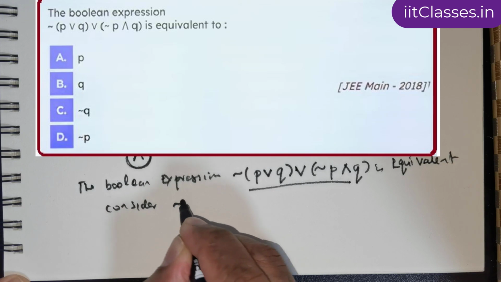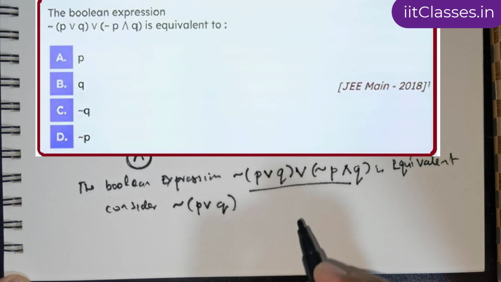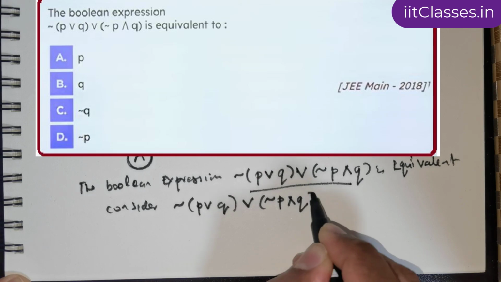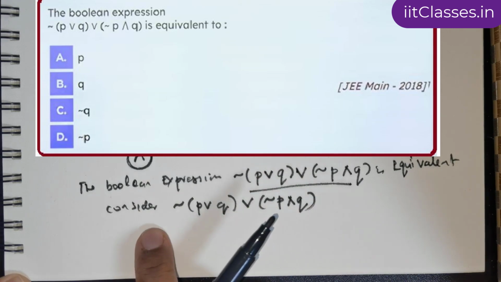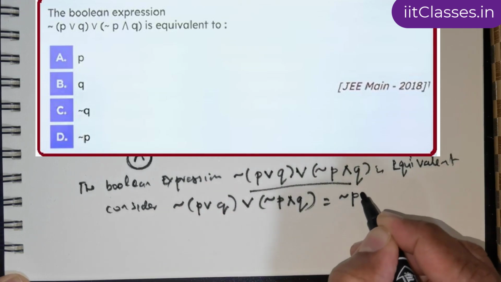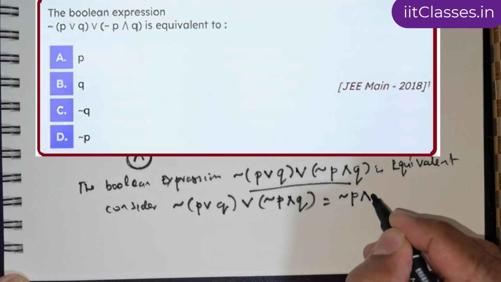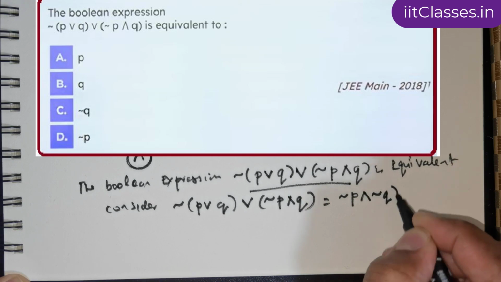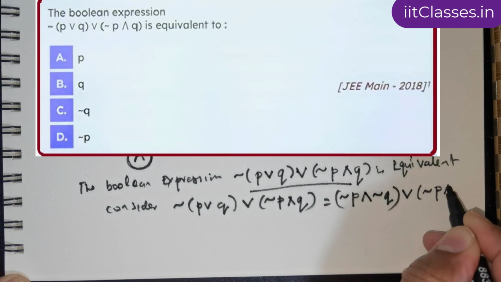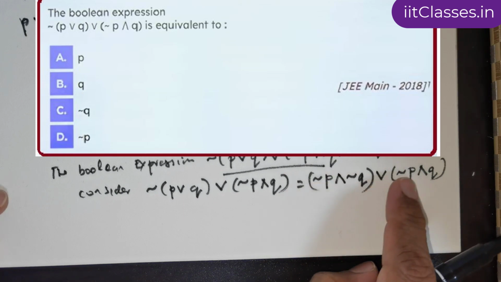Consider negation of P V Q followed by V of negation of P conjunction Q. Now if I distribute this negation, this is going to be equal to negation of P, this V would become intersection, followed by negation of Q, and we have a V of negation of P conjunction of Q.